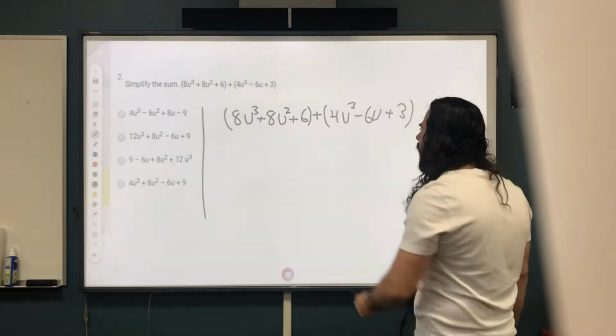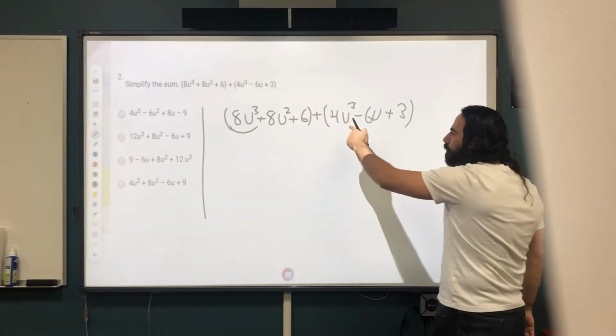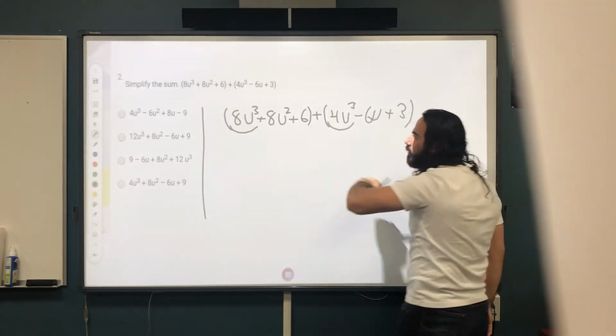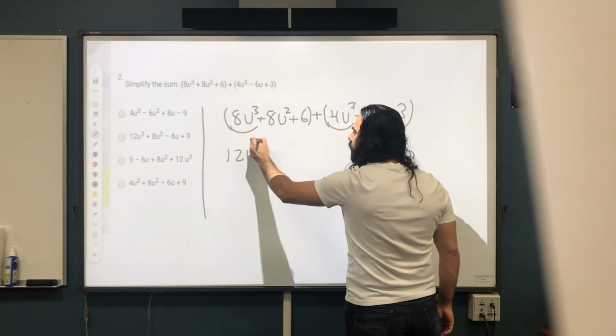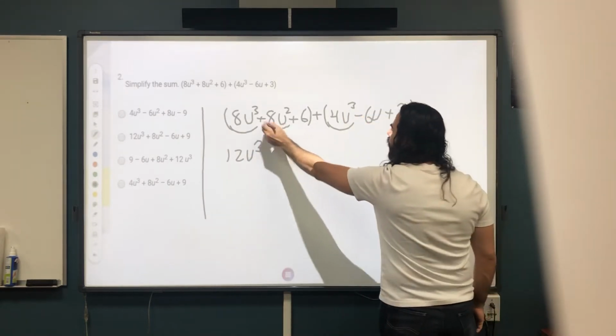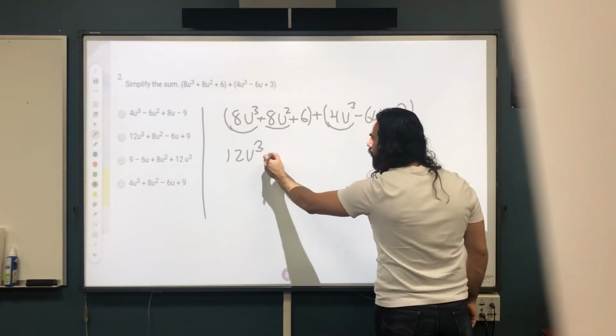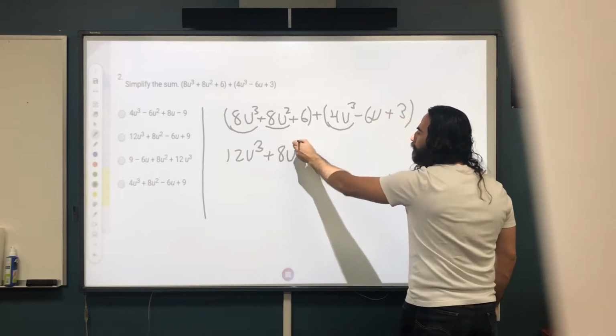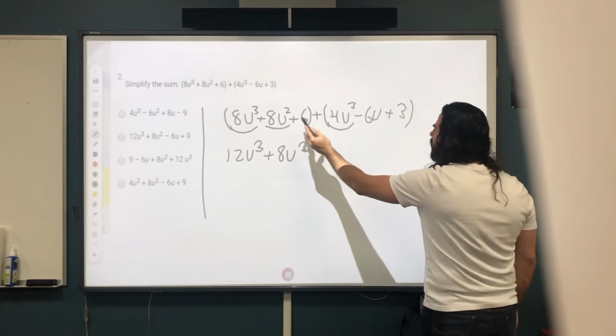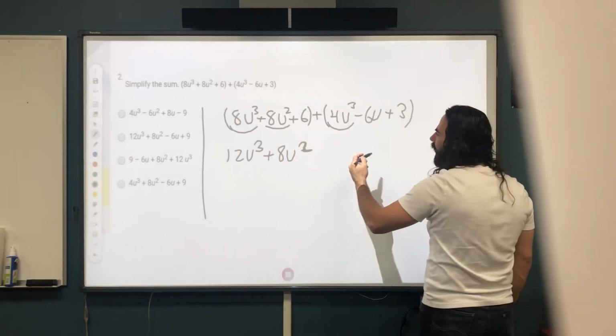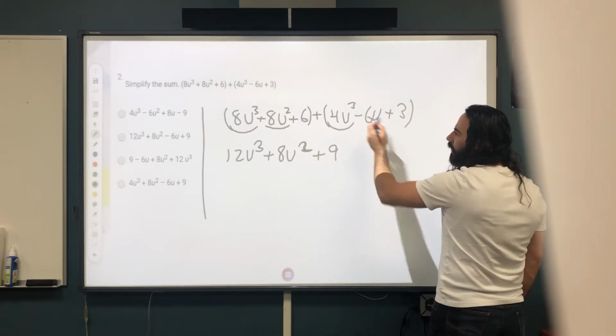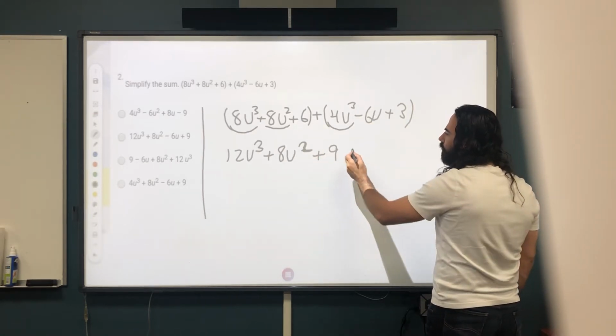So let's begin. The 8u cubed, combine like terms with the 4u cubed, together they're going to be 12u cubed. 8u squared, we don't have another squared term, so we just write it down, 8u squared. The 6 with the 3, it's going to be 9. And the last one, the negative 6u.